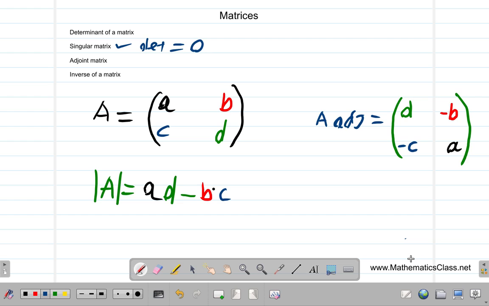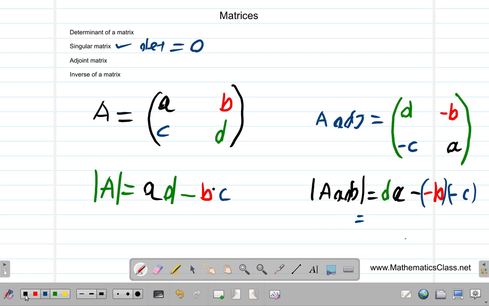Now, let us see what would be the determinant of the adjoint of A. Is it going to be the same as this? Let's see. If you multiply the leading diagonal elements D multiplied by A minus -B times -C, what do you get?